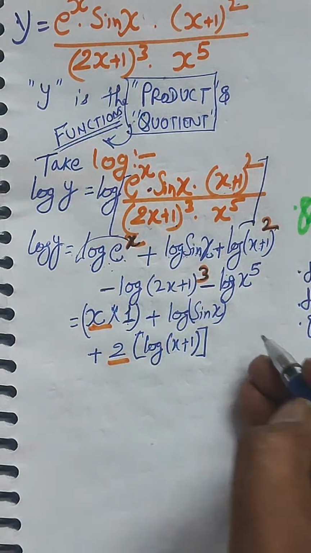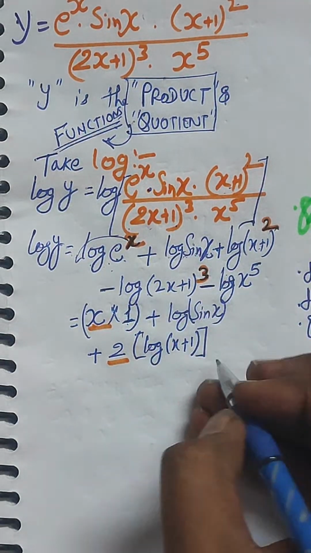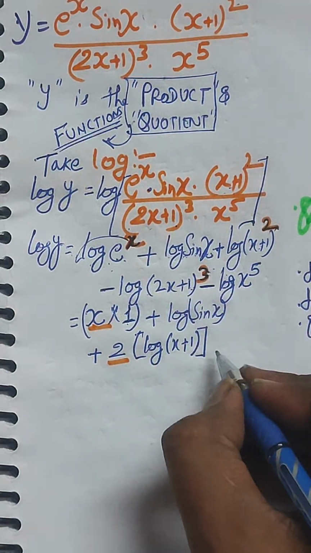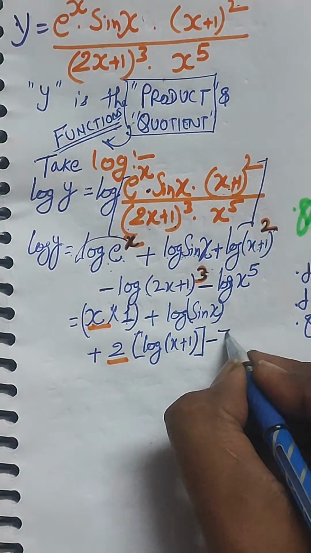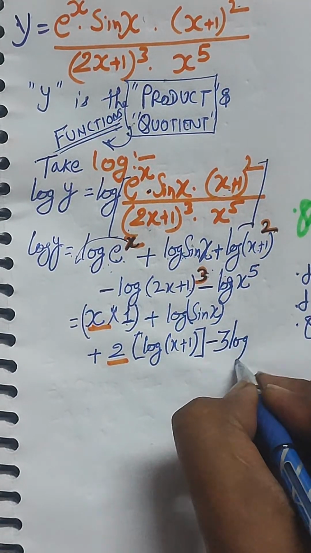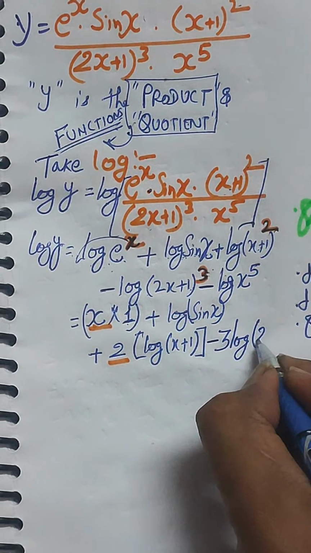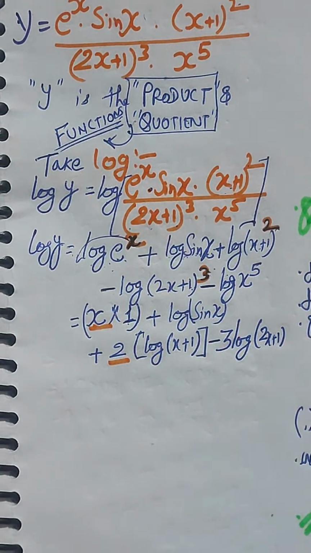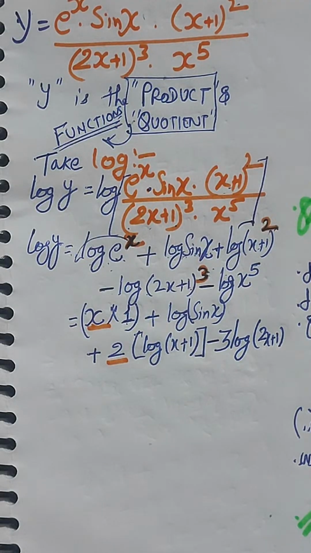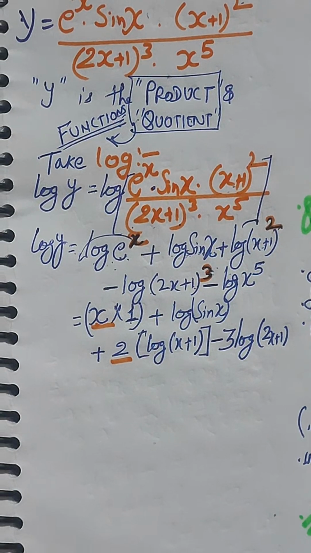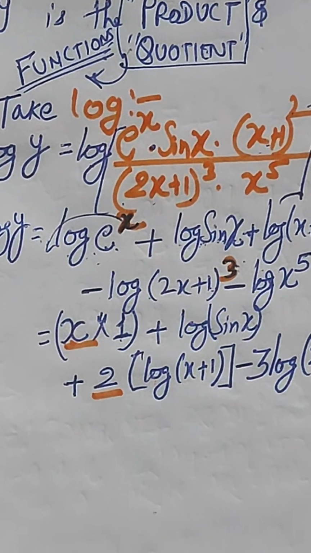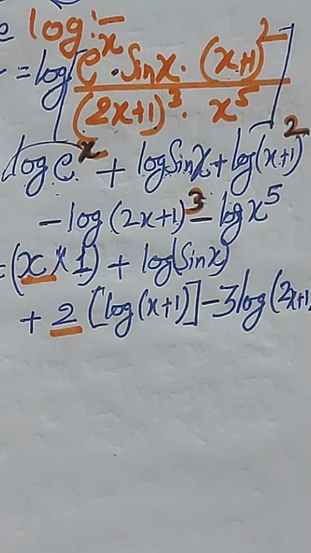And then you can see the third term is minus log of 2x plus 1 whole cube, which can be written as minus 3 times log of 2x plus 1, right? Let me zoom a little, it will help. I think it's visible better.